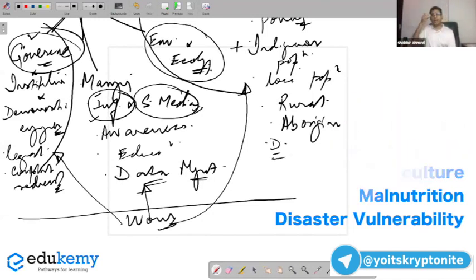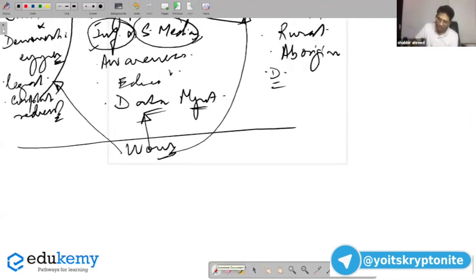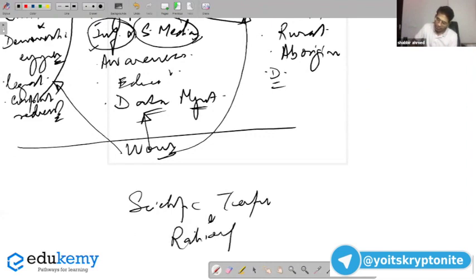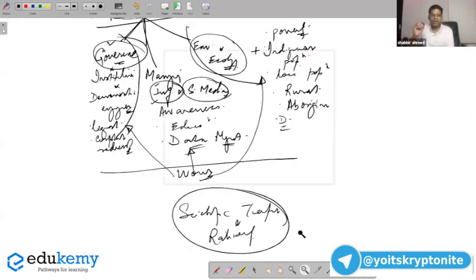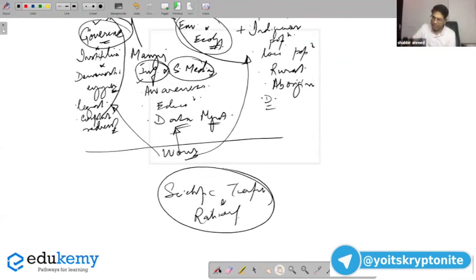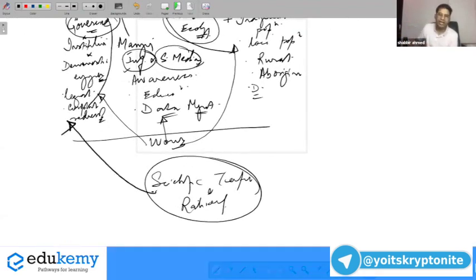आप कोई भी टॉपिक उठा लो ना, take up any topic. Say, I talk about an issue called as scientific temper and rationality. Okay? I've taken up a discussion point called as scientific temper and rationality. अब बताओ, इससे governance angle क्या है?